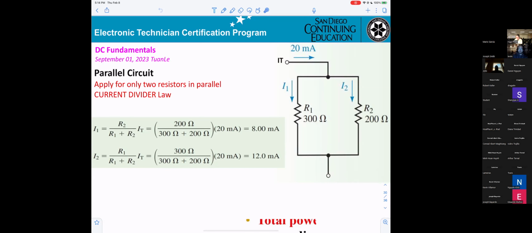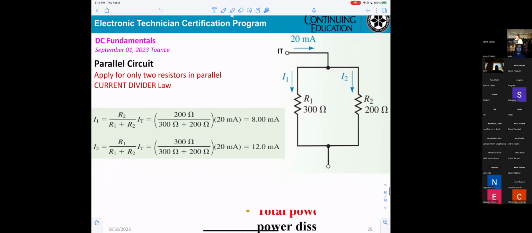That means if you have a total current going to that point here, one goes through R1, one goes through R2, then you use this formula: I1 equals I total times R2 divided by R1 plus R2. And to calculate I2, it equals I total times R1 divided by R1 plus R2.